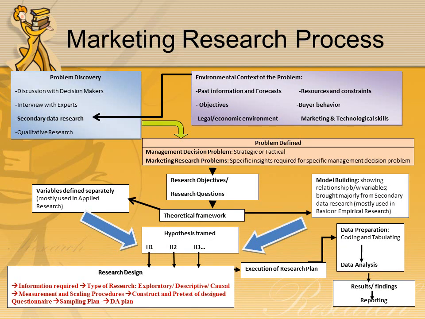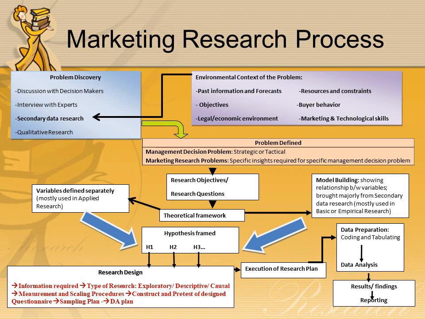Okay, let me give a snapshot of the various steps you normally go through in the marketing research process. Suppose the problem definition has not been done. To define the problem properly, you have various sources. One is the environmental context of the problem.